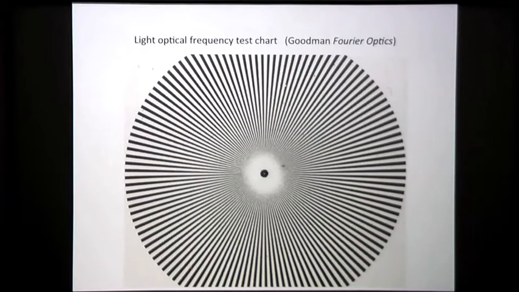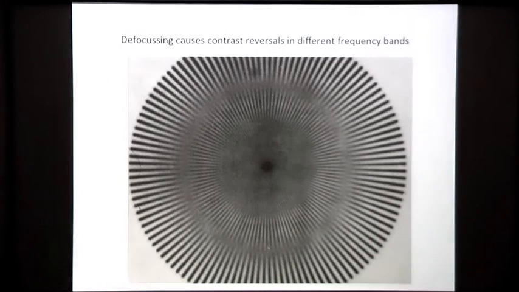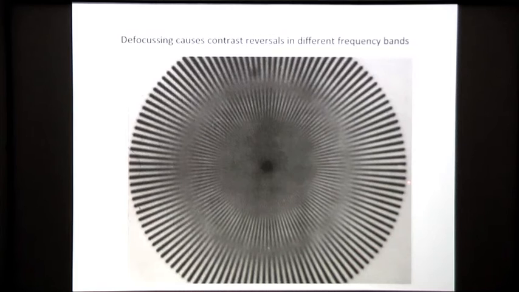This is from Goodman's book on Fourier optics, which, if you want to know more about this, is a good source. And if you take this out of focus, you can see the frequency bands here, as you're coming out, everything's all right. You get a fuzzy area here where not much is going through. And I think you can see that this radial spoke here, this black spoke, is opposite a white spoke up here. So in this frequency band, the contrast has been reversed from the initial black and white.